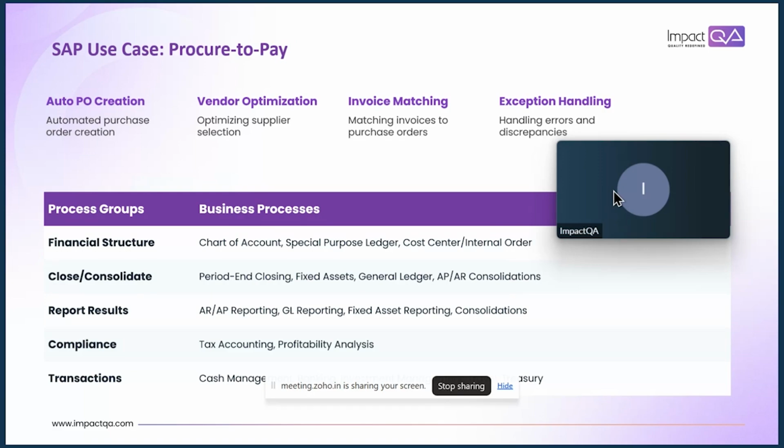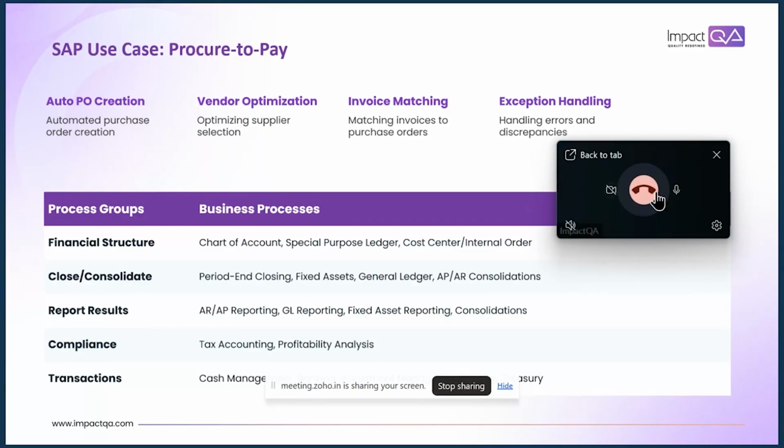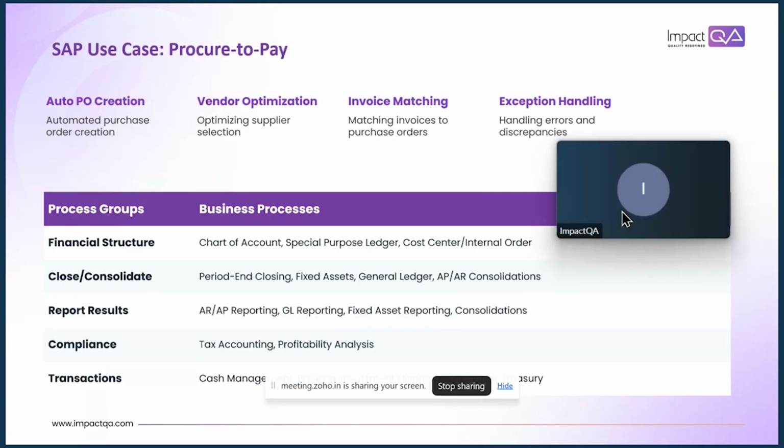Procurement is no longer just about creating purchase orders, right? It is about making intelligent decisions on where we can reduce cost and ensure compliance. For example, imagine a manufacturing company running low on raw materials. Instead of waiting for a planner to identify the shortage, we can create an AI agent.